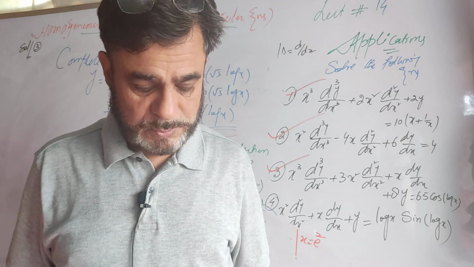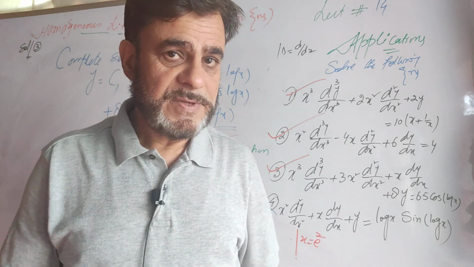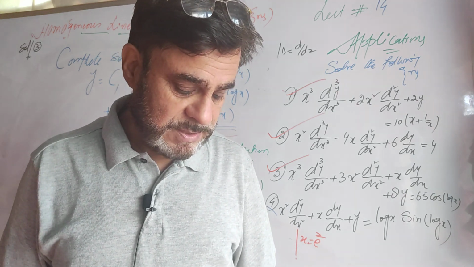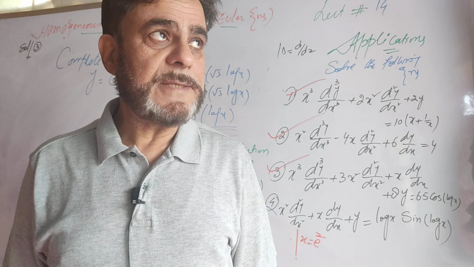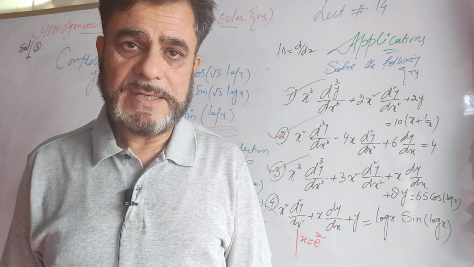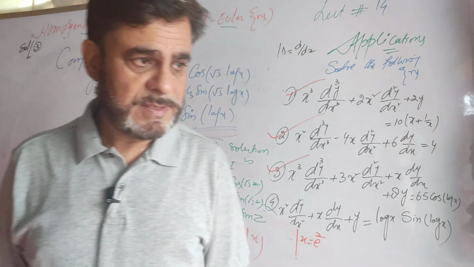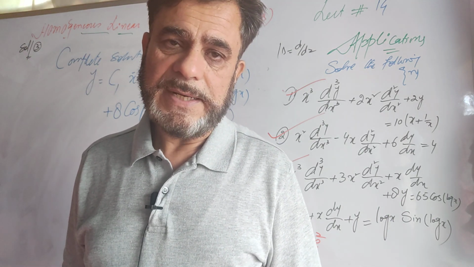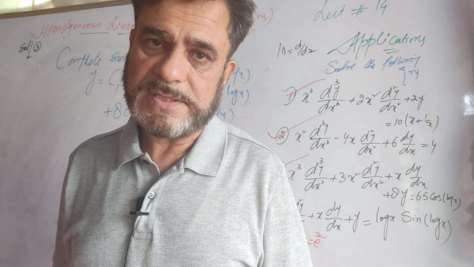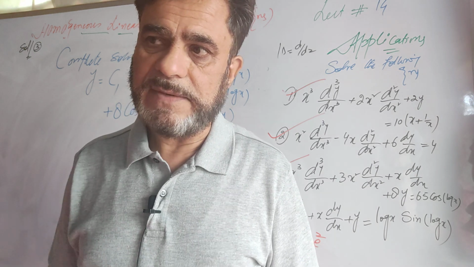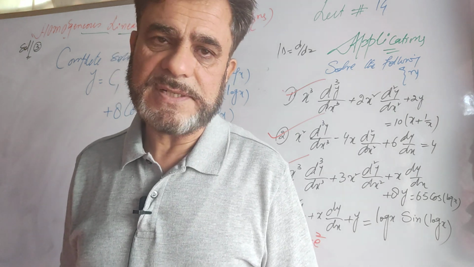Our topic is actually linear differential equations with constant coefficients. We are also dealing with those differential equations which are reducible to linear differential equations with constant coefficients. One of them is the Cauchy Euler equation, and the second is what is known as Legendre's differential equation.